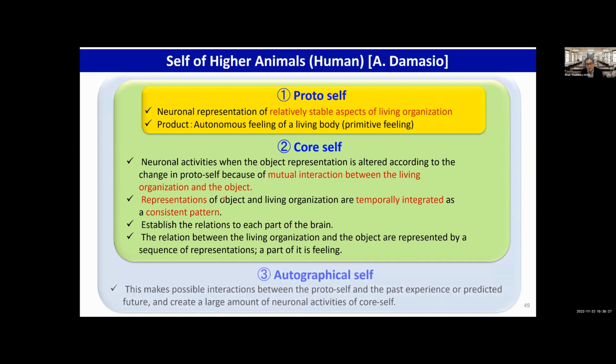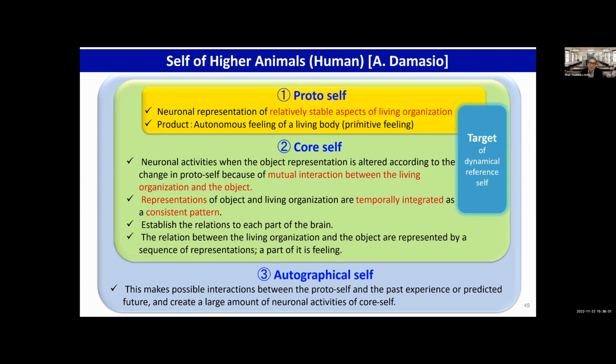And the highest self is called the autobiographical self, which only humans, or some primates, have. So our purpose does not need this part. The target of our research is in here: one is the proto-self, and the second one is a part of the core self, maybe from those two items. Okay.